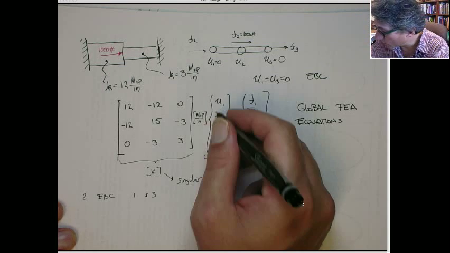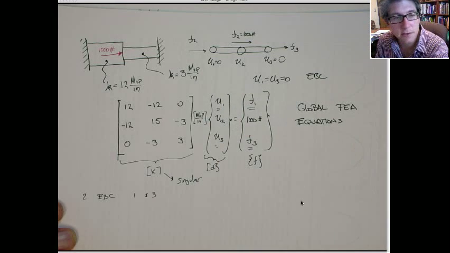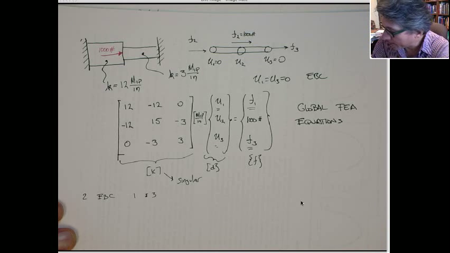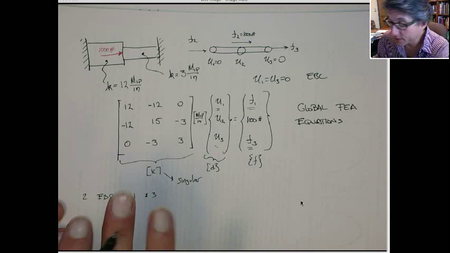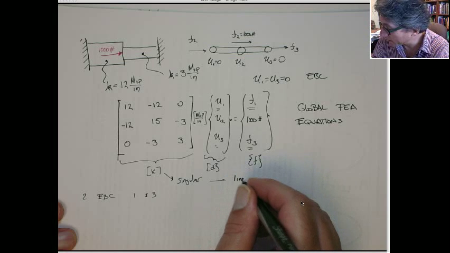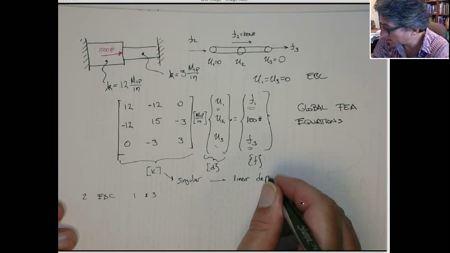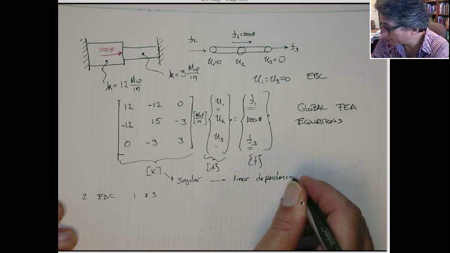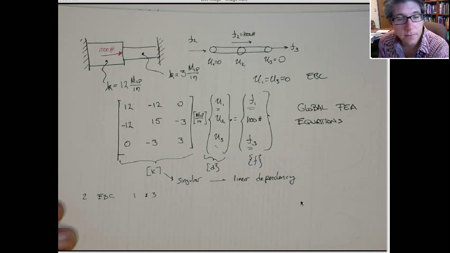And we also know the displacements in the nodal vector, okay? One way to approximate that, and this is what I mentioned in class, the singular system means that you have a linear dependency. One equation can be written as a linear combination of the other equations, okay?